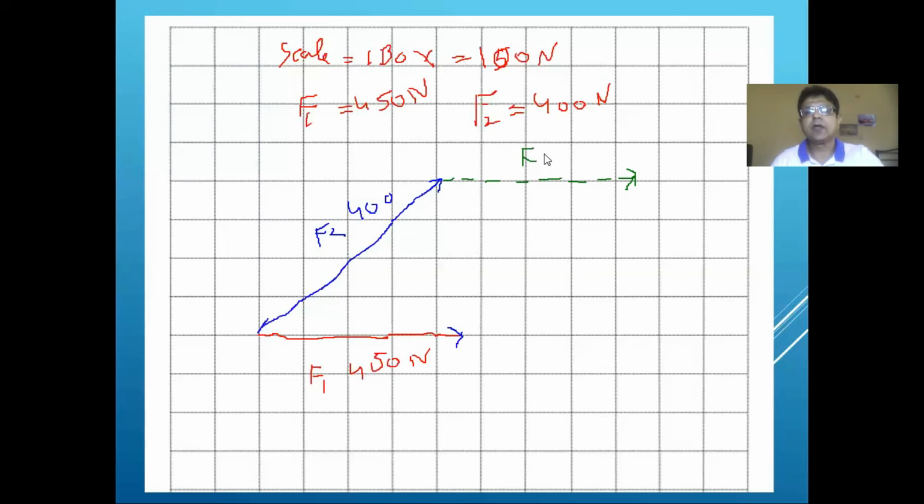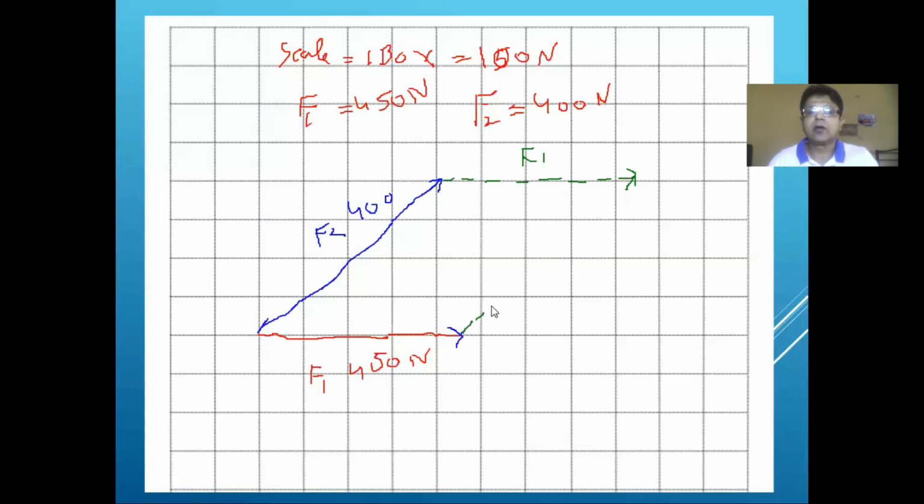Similarly, parallel to F2. What is the value of F2? 400 Newton. So starting from here, 1, 2, 3 and 4. I will join this line.